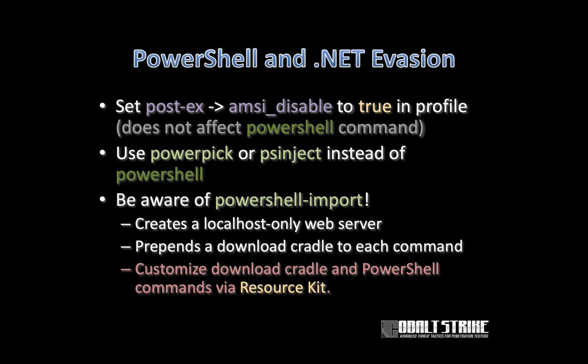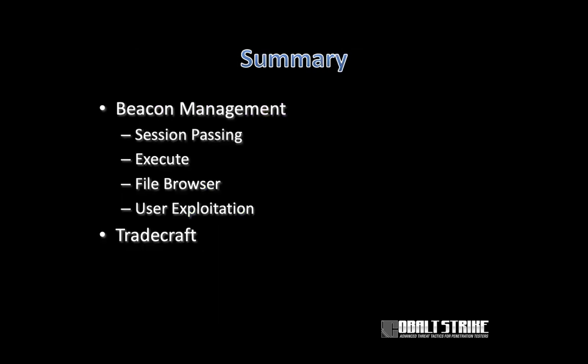And that download cradle is something like New-Object Net.WebClient, DownloadString to get the script passed to Invoke-Expression, IEX. Be aware this is a detection opportunity. You can customize this process by changing the download cradle and the shape of the PowerShell commands with the resource kit. So just be aware of that with regards to PowerShell import.